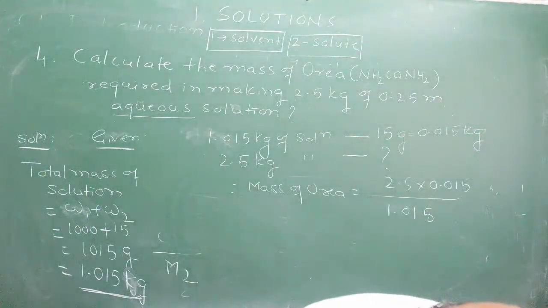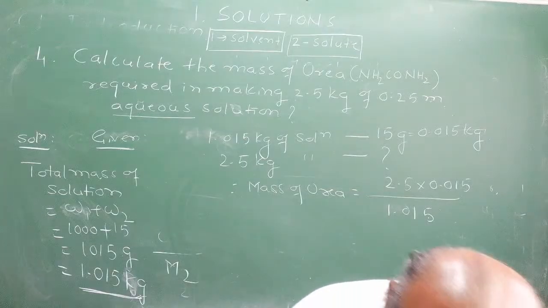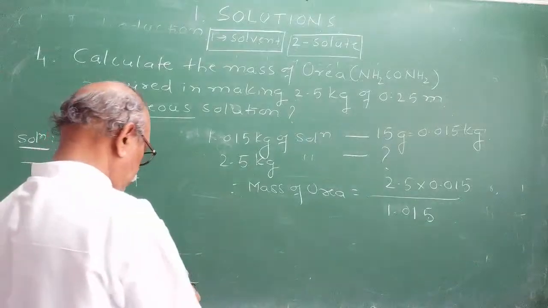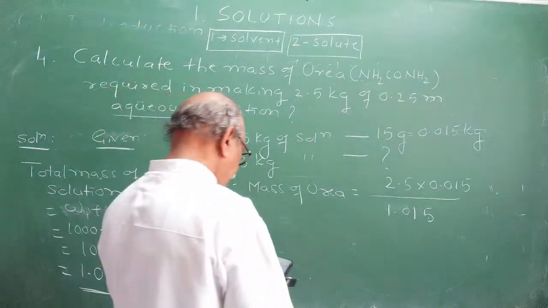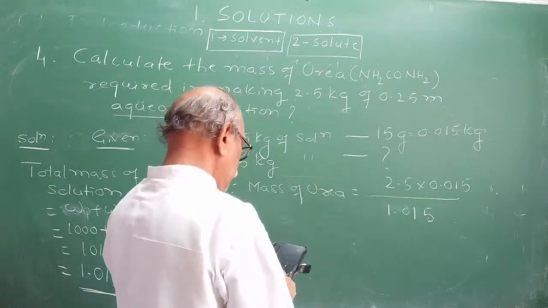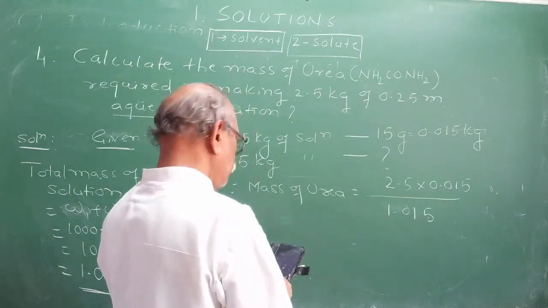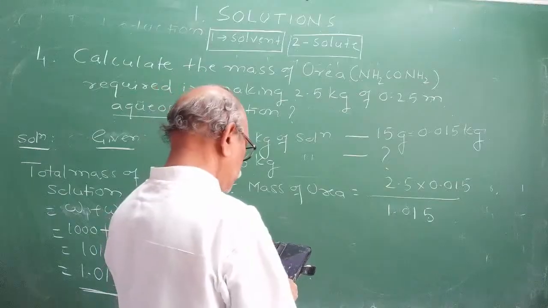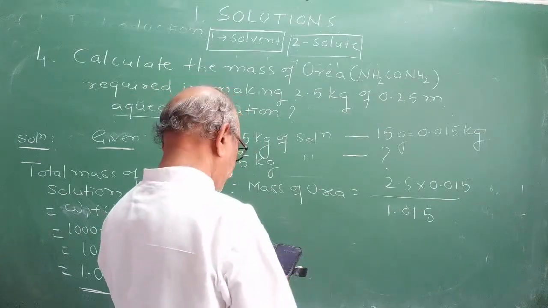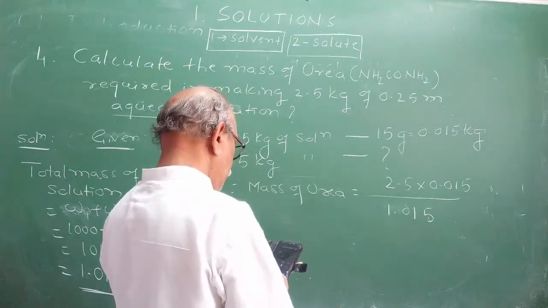The answer will be 2.5 into 0.015 divided by 1.015.